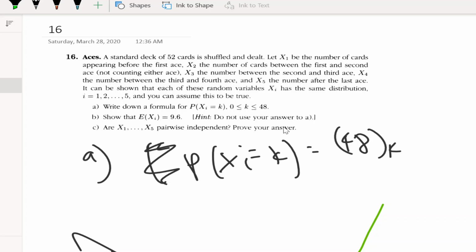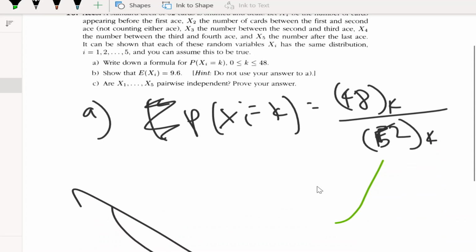Wait, let's think about it. If k was equal to 2, we're saying there are two non-ace cards there. So 48 choose k over 52 choose k, and that should be our answer, because no matter where the cards are put, they all have an equal chance of not being an ace.